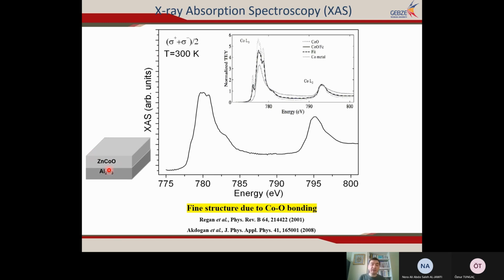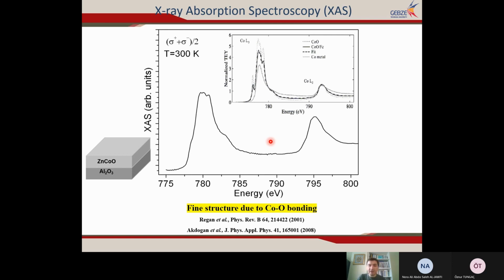I don't know this at the beginning. I would like to check it. Then I scan the energy around the cobalt L2, L3 energies. Temperature is fixed. I am using right circularly polarized light and left circularly polarized light, and then I plot the data like this. This is the XAS data, which I have shown you here.